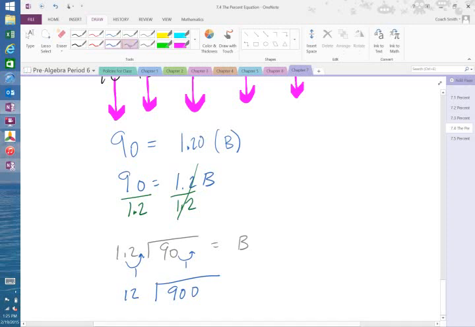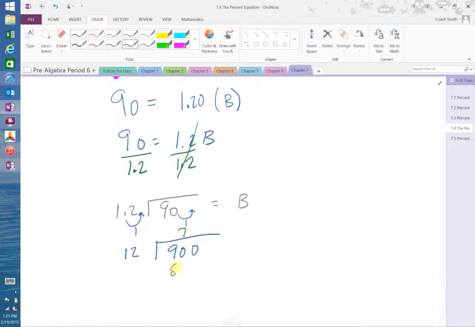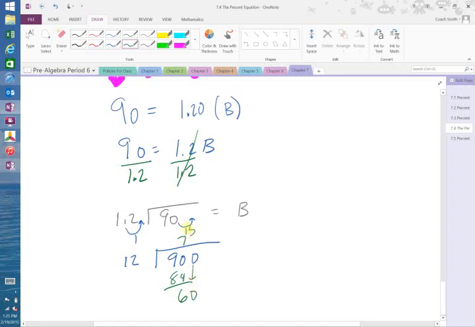Now, 12 goes into 90 8 times? No. 7 times, which is 84. Remainder 6. Bring down my 0. 12 into 60 goes 5 times.